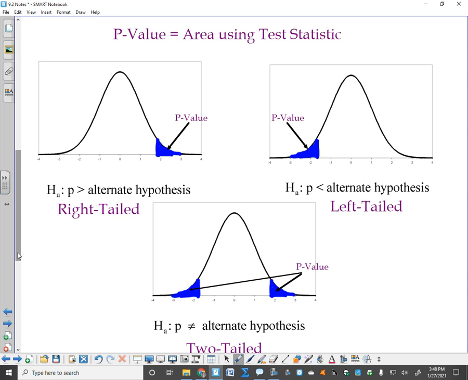If the alternate hypothesis is greater than, then you will be right-tailed, because it's greater than, so that makes sense. If your alternate is less than, then you're going to be left-tailed. It also means that your Z will be negative. And for right-tailed, your Z will be positive.